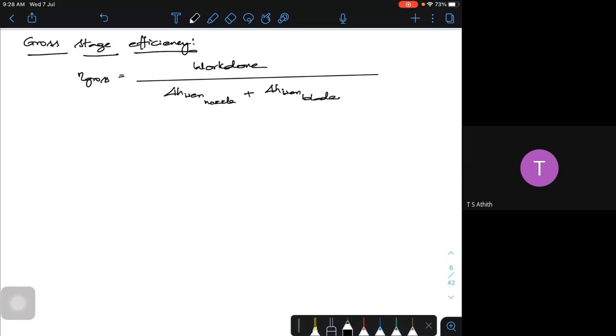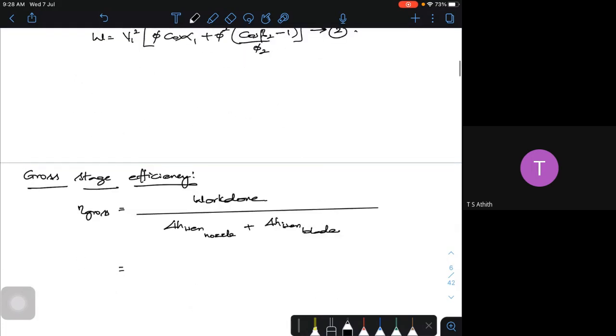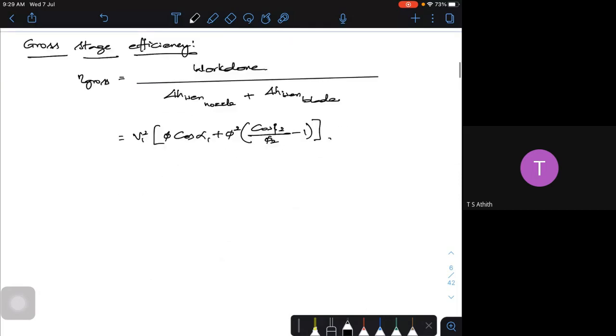Let me write each of them. Just now we found work done. So work done is equal to V1 square into phi into cos alpha 1 plus phi square into cos beta 2 by phi 2 minus 1. This is your work done.